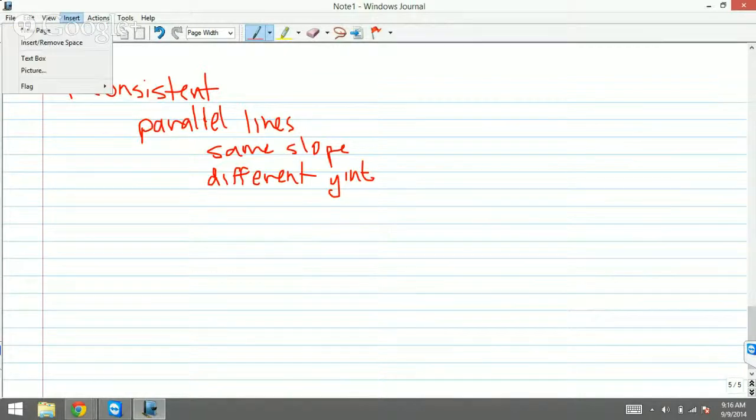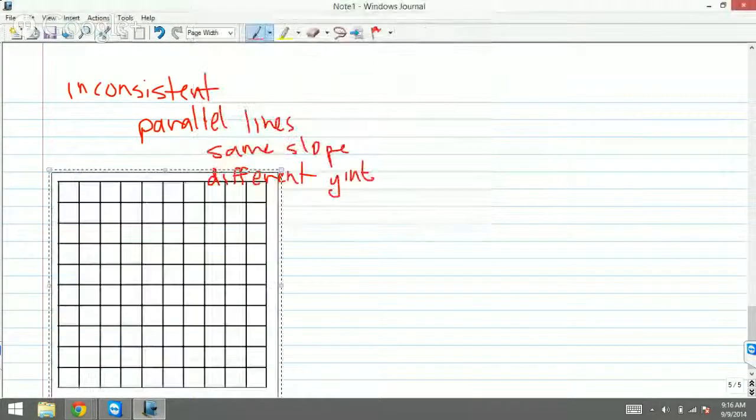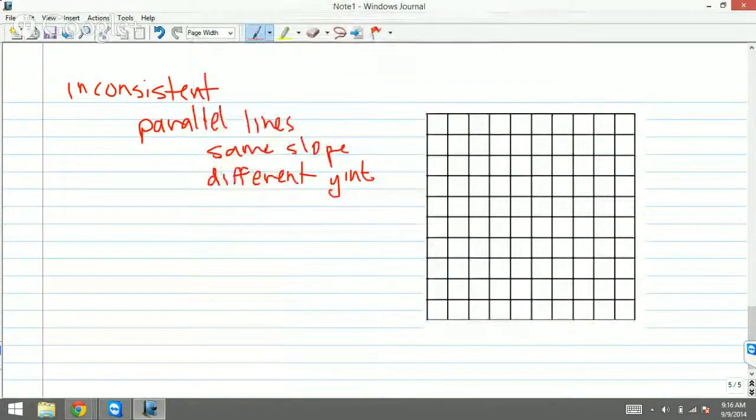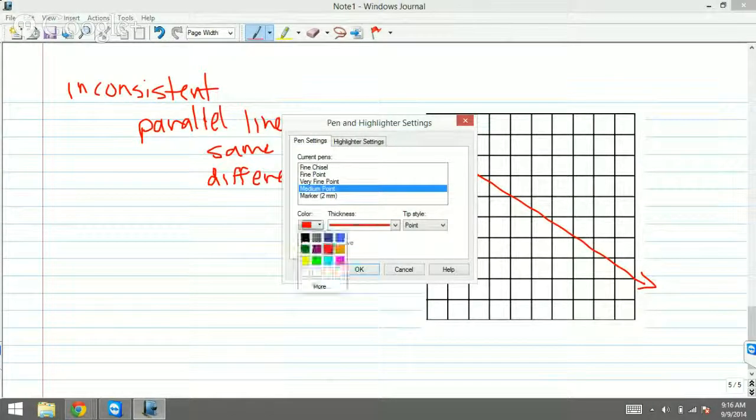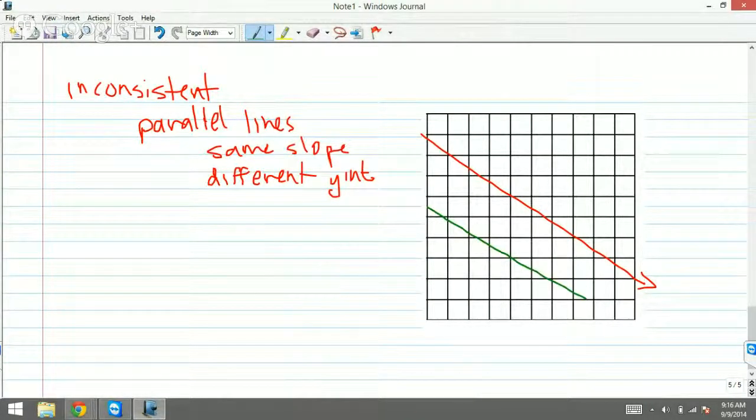All right. I'm sure off in the infinite those will intersect because they can't draw perfectly, but you get the idea. How many solutions? 0. No solutions.